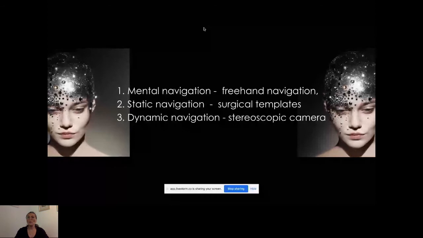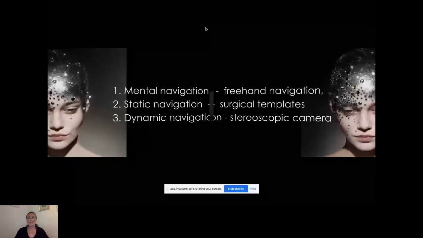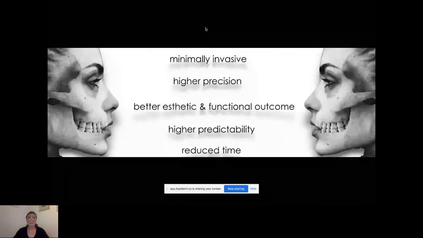So we will go through the navigation, static and dynamic, and we'll see if this treatment is more minimally invasive than the freehand, is offering a higher precision of the treatment, is giving us a better aesthetic and functional outcome, a higher predictability, and a reduced time, which we all hope and aim for, because this is the reason why we step into the digital revolution and the digital technologies, and not because they are really cool. They are, but it's not the reason.